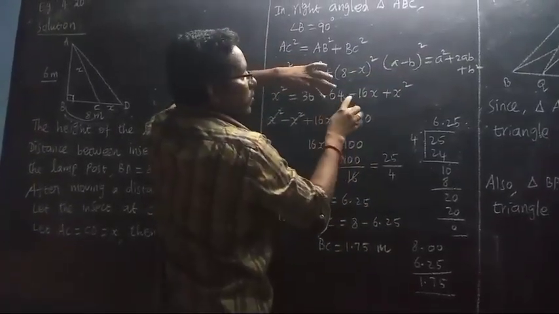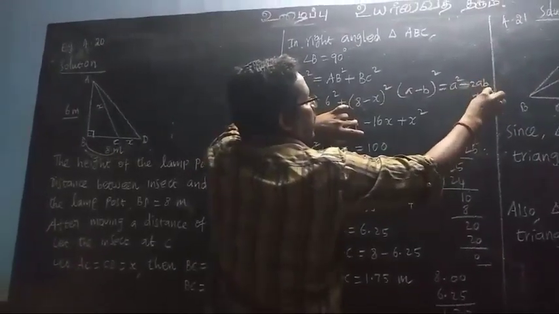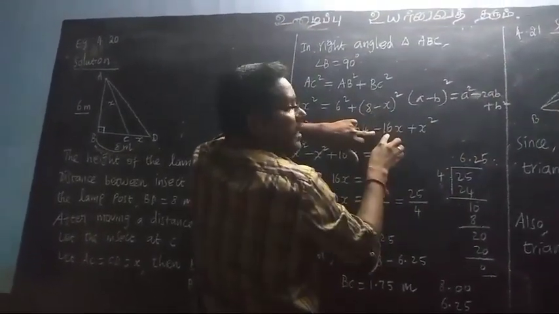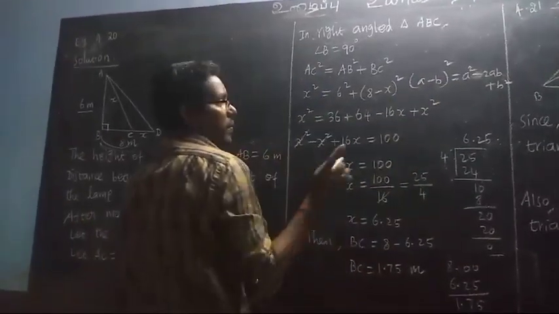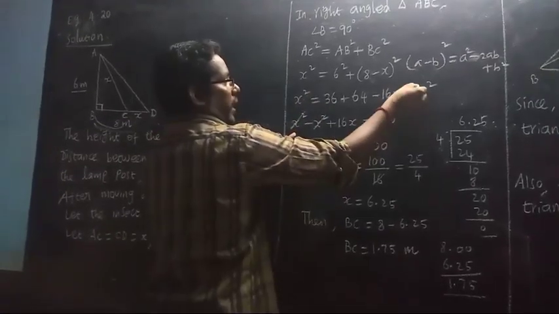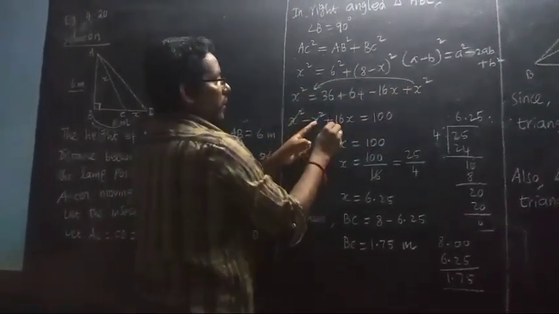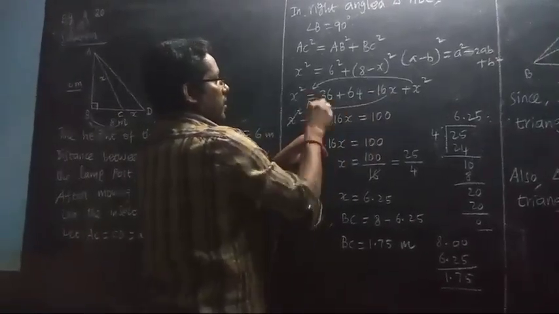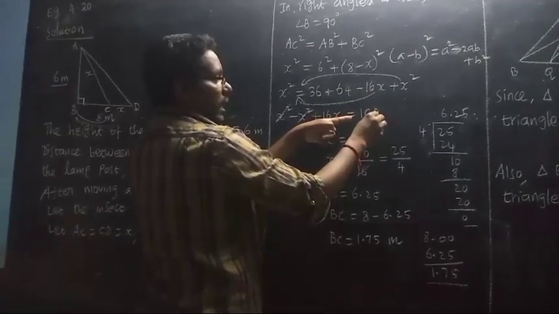So that is 8 square is 64, 2 into 8 into x, that is minus 16x plus x square. Interchange the values, x square minus x square cancels. Next minus 16x, interchange, that is 16x equal to 36 plus 64, that equal to 100.